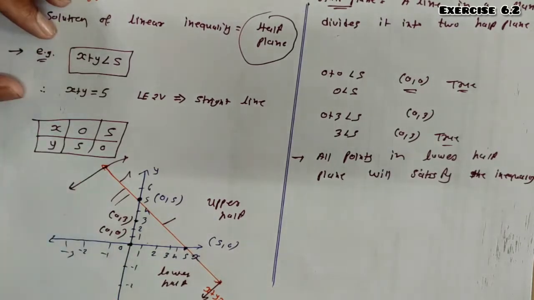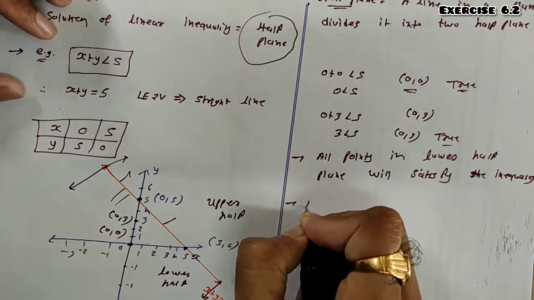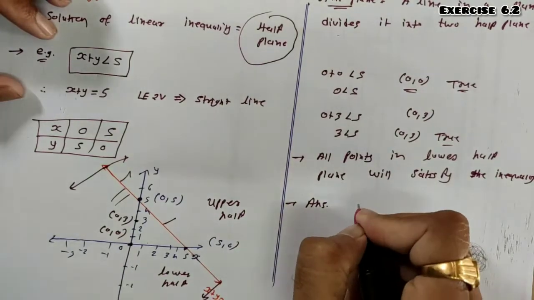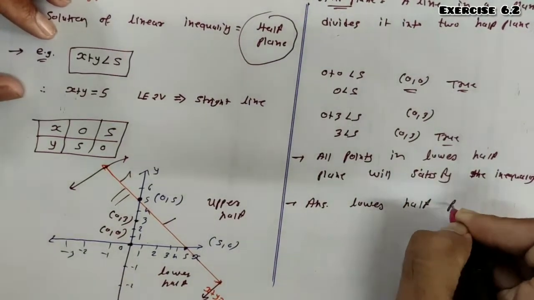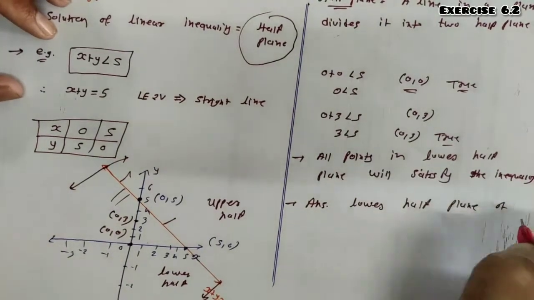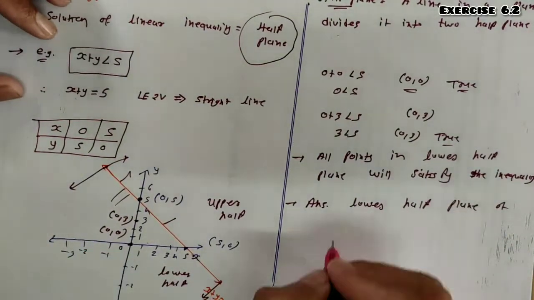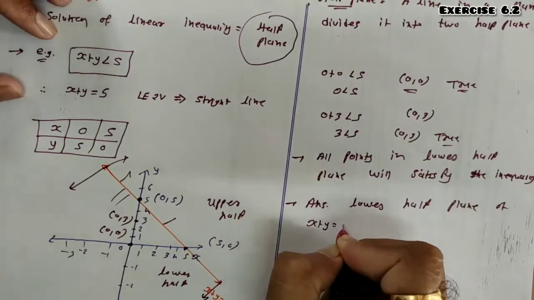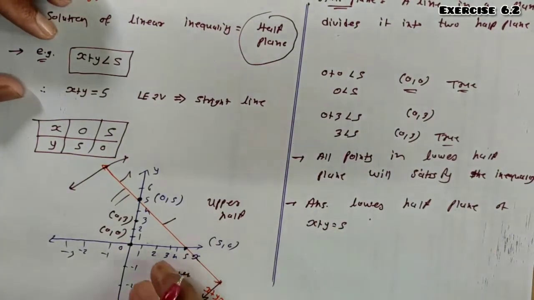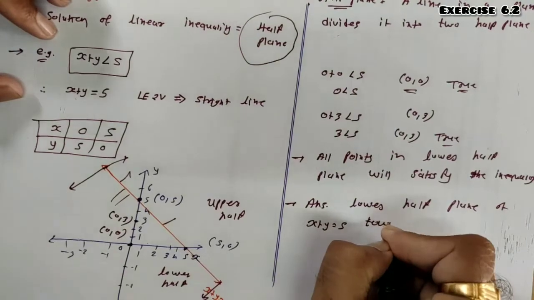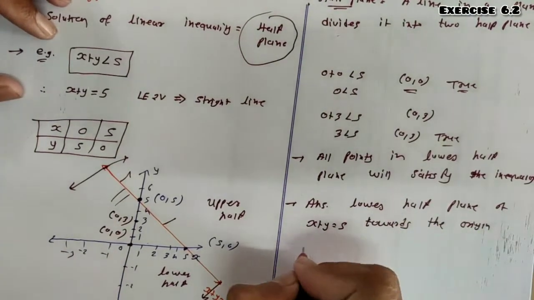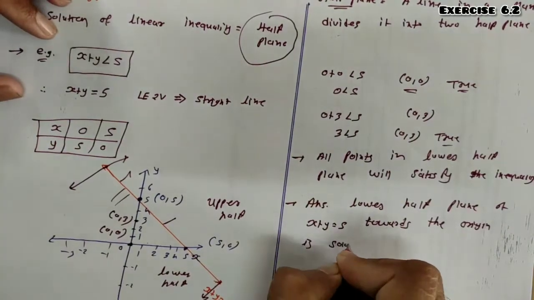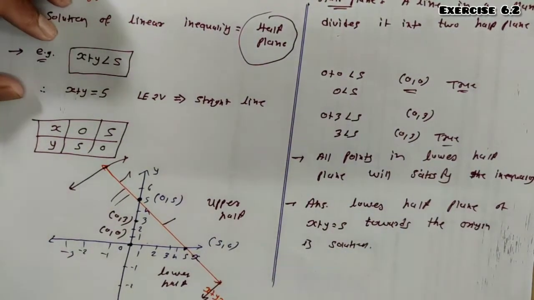So our answer is the lower half plane of the line x plus y equal to 5, the plane towards the origin, is the solution of the given linear inequality. Clear?